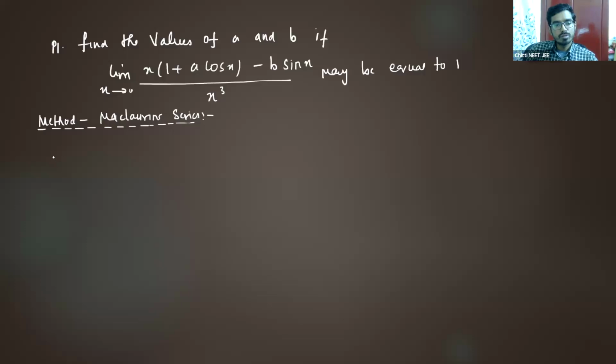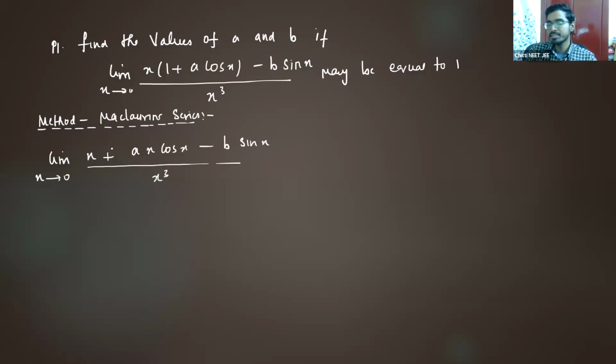Okay. So we have limit x tending to 0, x plus a into x cos x minus b into sin x, whole divided by x cube. I've just multiplied x inside. They have given this limit is equal to 1. So limit x tending to 0, x plus ax into, you just apply Maclaurin series for cos x.